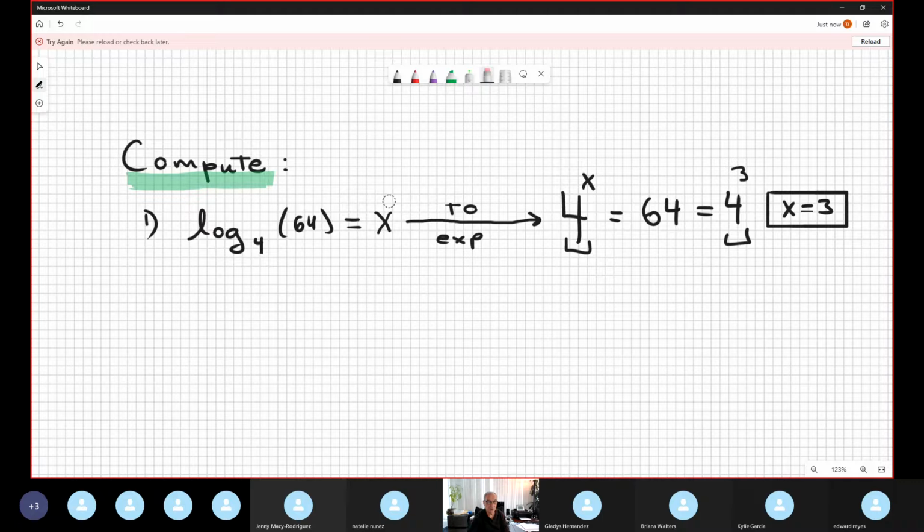Let's do example number 2. Compute logarithm base 10 of 1000. Do you remember this example I did before?